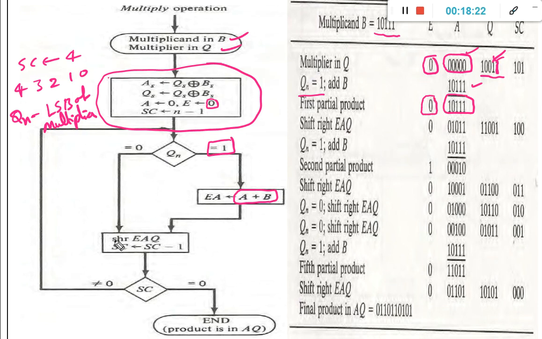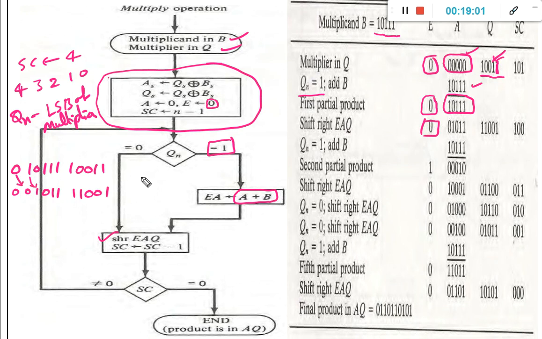After that, what to do? Shift right EAQ. So what are the values of EAQ? E is 0, A is 1 0 1 1 1, and Q is 1 0 0 1 1. Now perform the shift right operation. Shift right means this 0 will come here, this 1 will come here, and the leftmost bit will be filled with 0.